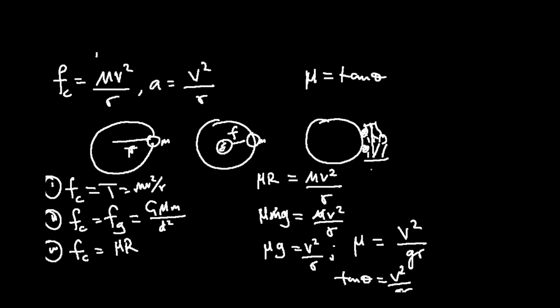So the angle that we are looking for is going to be arctan of v squared all over gr. Whatever result you have here is going to be the angle that the bike man needs to place the bike at in order not to fall. So do you get that now?